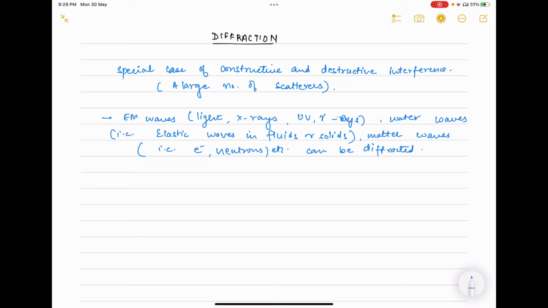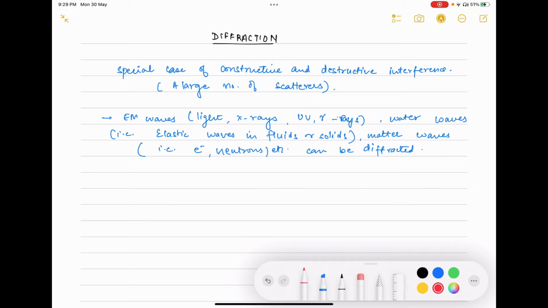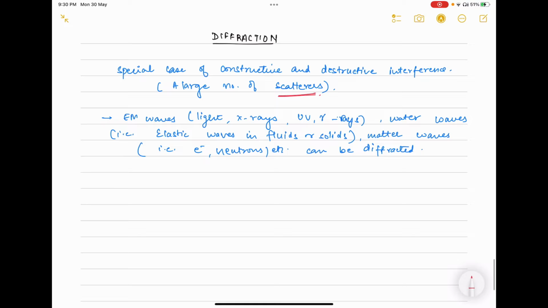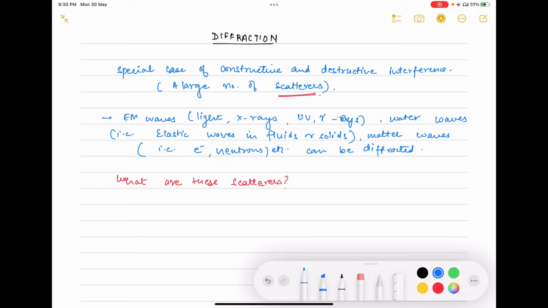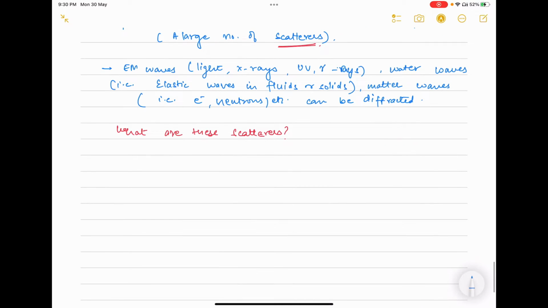Now, diffraction is caused majorly by these scatterers. Now, what are these scatterers? To answer this, we say any entity that will restrict the motion or restrict the path of the wave.